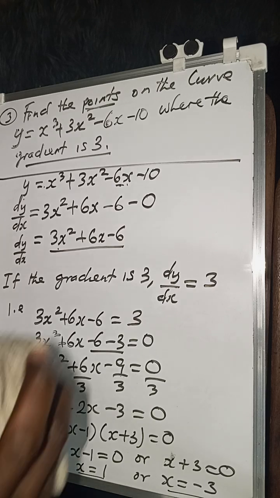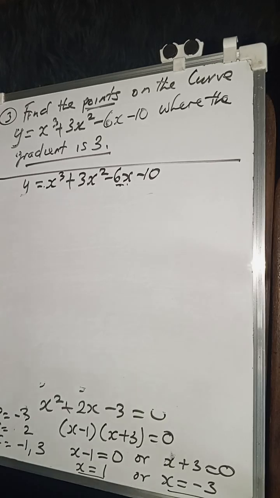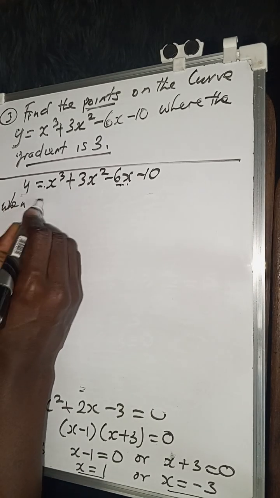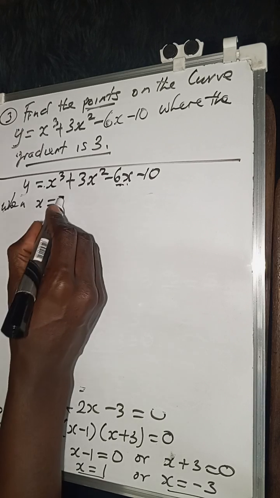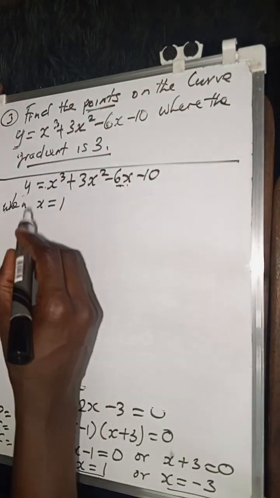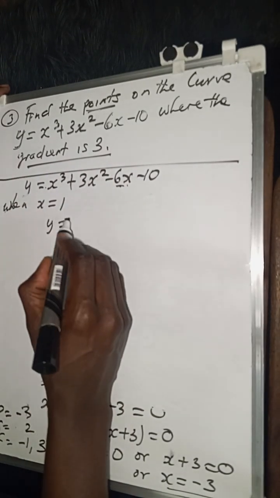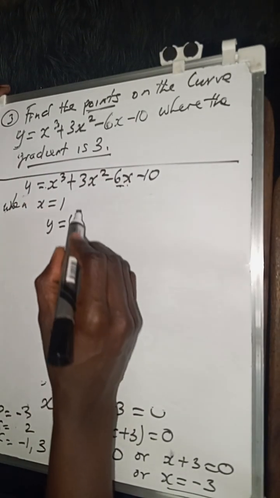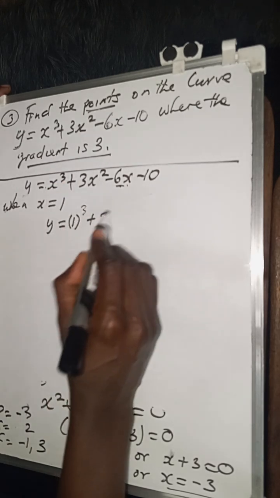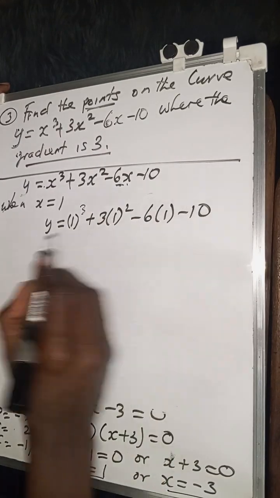For example, I can simply say that when x is equal to 1, what would be y? So we replace it into this equation. So it will be y is equal to 1 raised to the power 3 plus 3 times 1 raised to the power 2 minus 6 times 1 minus 10.